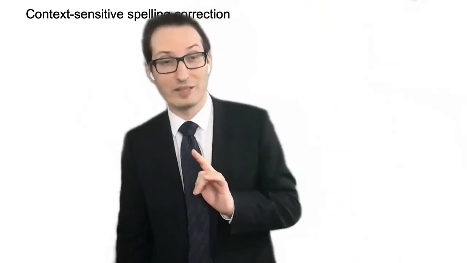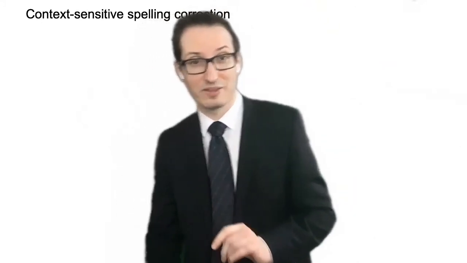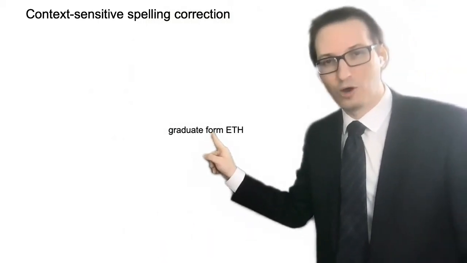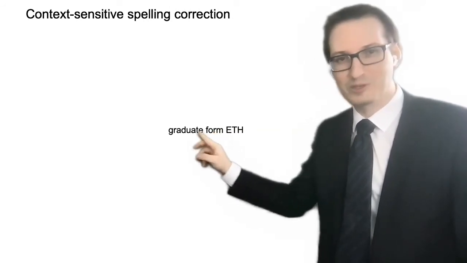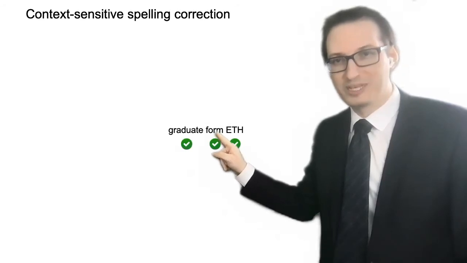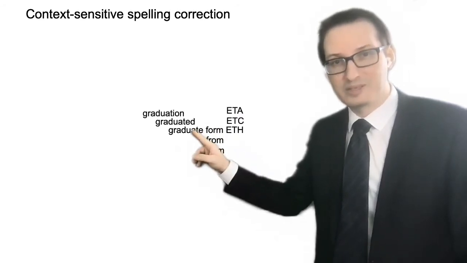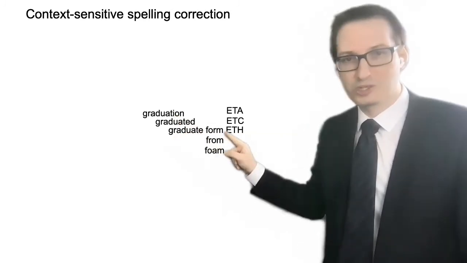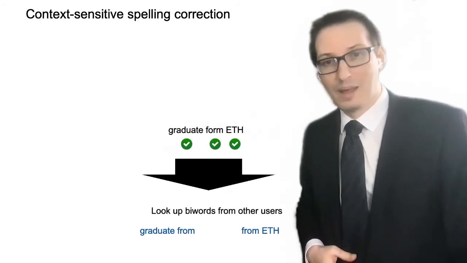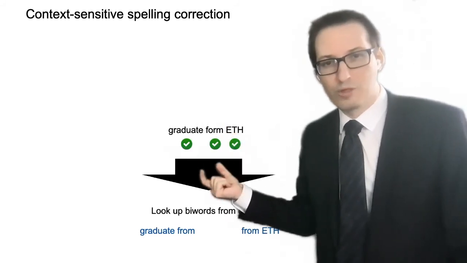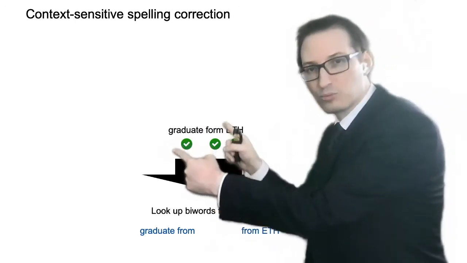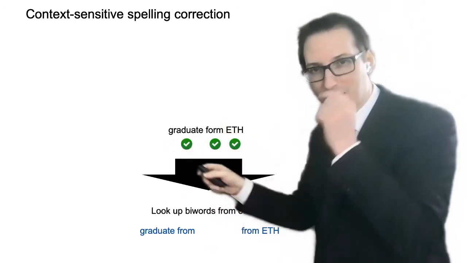Now here's another way that you can spell check with the context. For example, if you say "graduate form ETH", that's an on-purpose mistake because I want to illustrate something. So, graduate from ETH. Here, the problem is that the word "form" actually exists, but you can still see graduate, graduated, graduation, from, form, ETH, etc. So these are possible checks, right? But if you look into the biwords from potentially other users, you basically look at what word is next to another word.